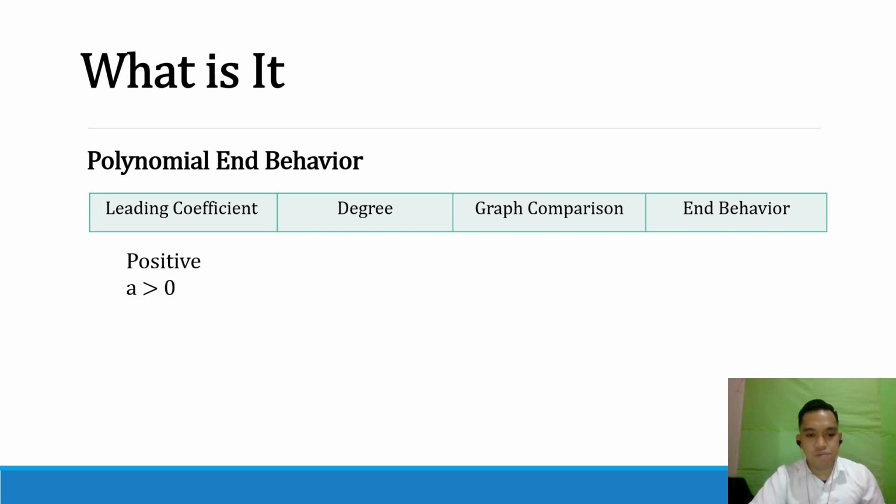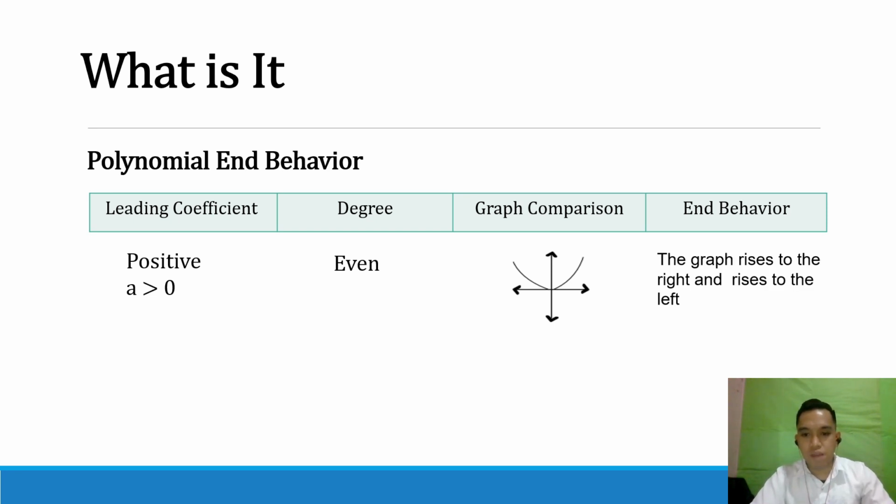So positive, that is a greater than 0. Then if the degree is even, so the graph looks like this. Ayan. Kapag positive siya and even. So yung kanyang end behavior, the graph rises to the right and rises to the left. Okay, kapag positive, even. Rises to the right and rises to the left.